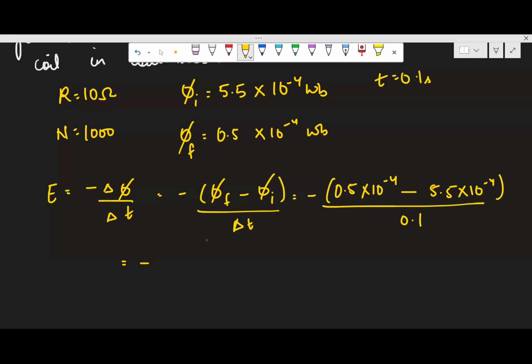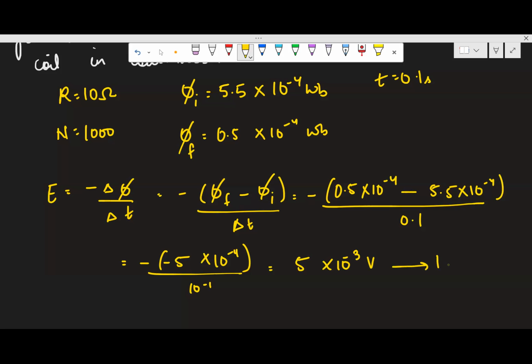This is just for one turn, okay? This will be 0.5 minus 5.5, which is minus 5, into 10 to the power minus 4 divided by 10 to the power minus 1. Look, this will be 5. So 5 into 10 to the power minus 3 volt.